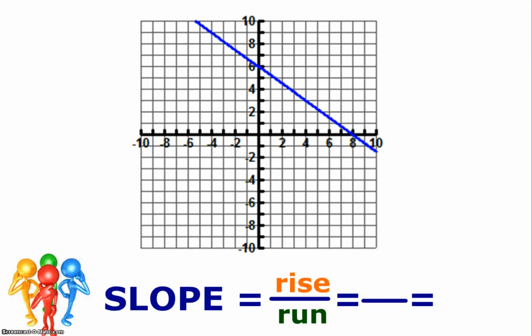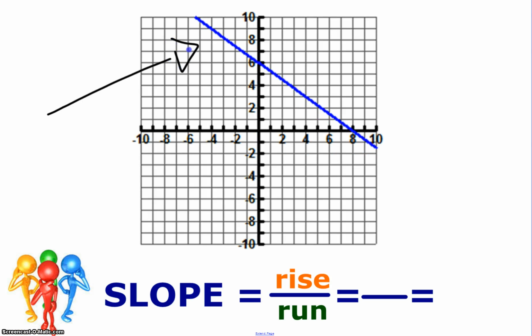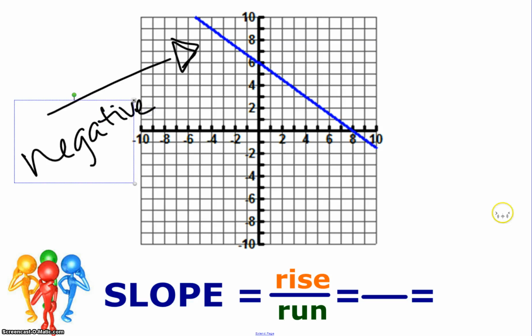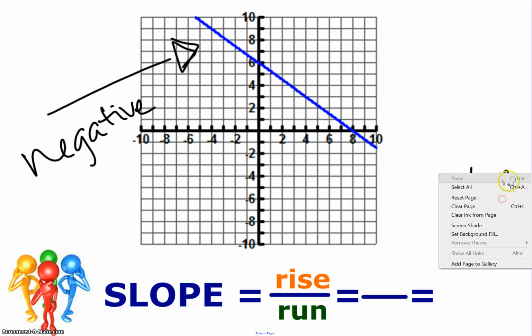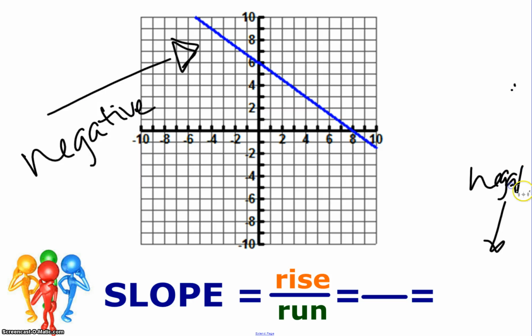Find the slope. Before we even start, look at your line. Is it a negative or is it a positive? Negative. So you know your answer needs to be negative. So I'm going to choose 2 points. I'm going to choose this point, and I'm going to choose this point.